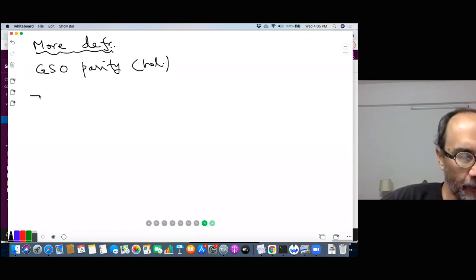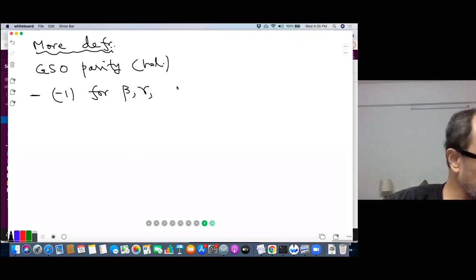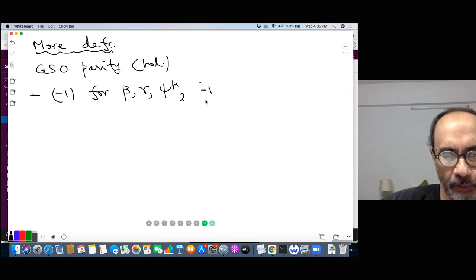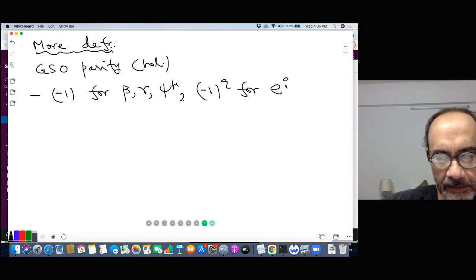So we define the GSO parity to be -1 for beta, gamma, psi mu, and -1 to the q for e to the q phi.